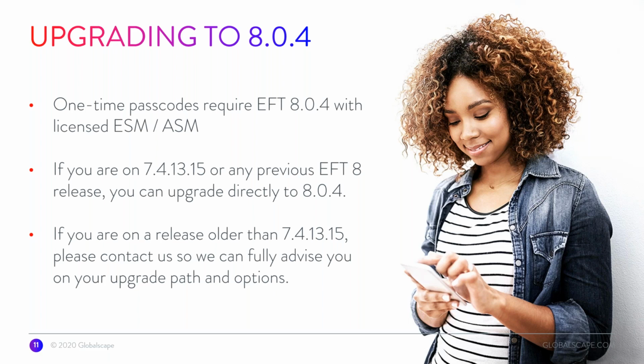Or from 7.4.13.15, which is the latest release of EFT 7. That's a direct upgrade path. If you are running a version older than 7.4.13.15, you first need to get to that version.